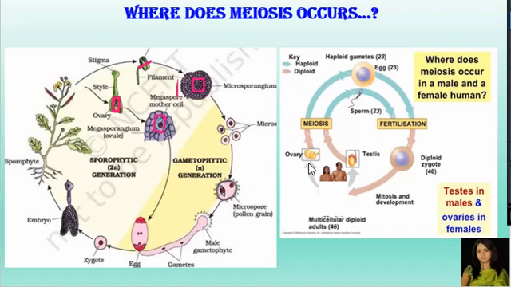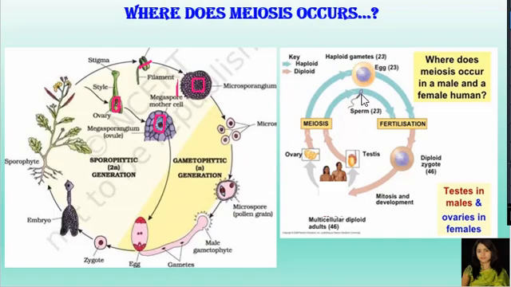Then what about higher animals? For example, in human beings, meiosis takes place in the reproductive organs, that is the testis in males and the ovary in females. The germinal cells undergo meiotic division and produce the haploid male and female gametes.